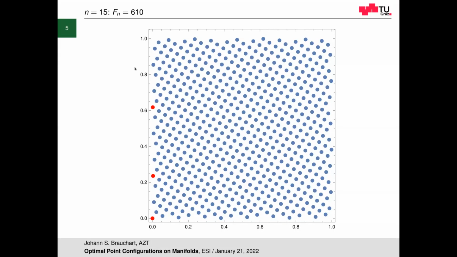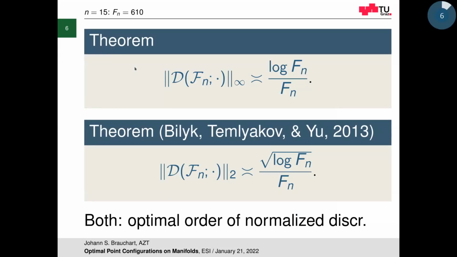Well, there are known results, in particular optimal results. A well-known result is that the discrepancy in the unit square, the infinity discrepancy, is of optimal order here. Notice that I'm using the normalized discrepancy.